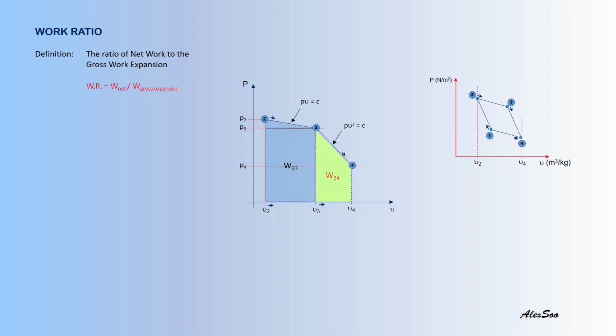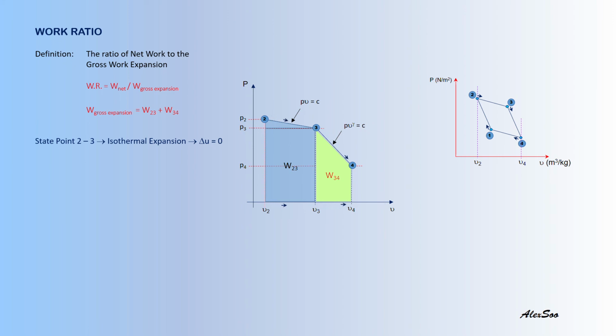So you have work ratio defined as net work over gross work expansion. The gross work expansion is the total work expansion that we have, that is from work done 2 to 3 and work done 3 to 4. When you add both of them together, you will have the gross work expansion.